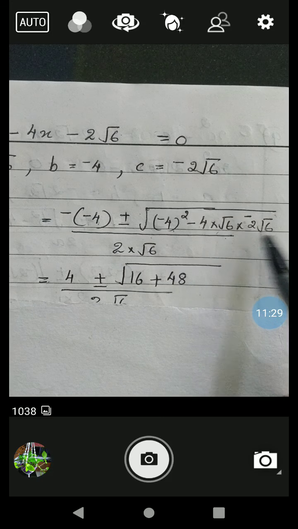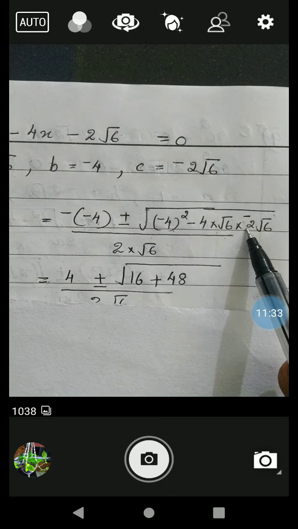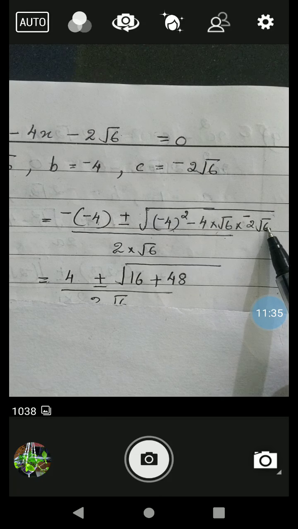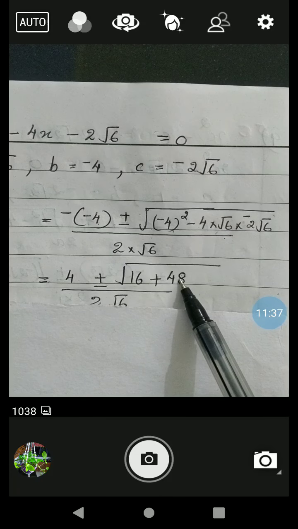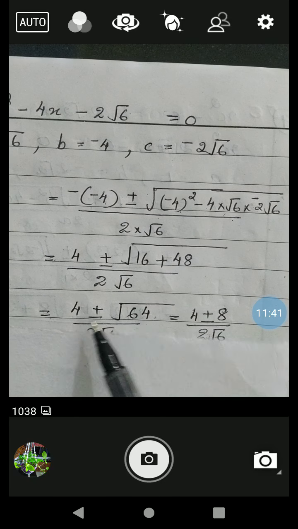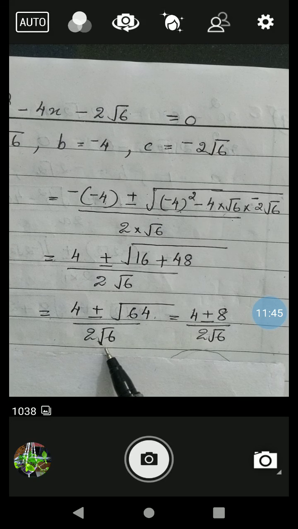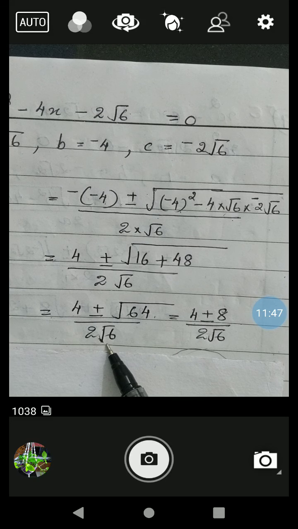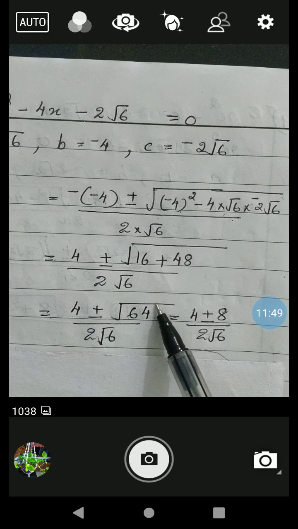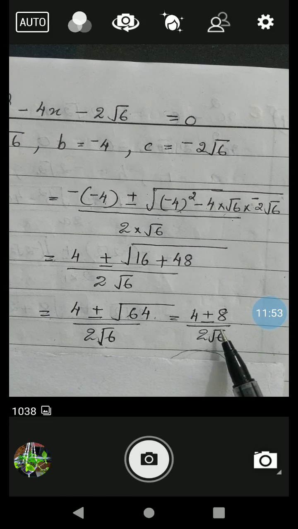Root 6 into root 6, 6. 8 into 6, 48. Therefore, the result is 4 plus or minus root 64 divided by 2 root 6. Root 64 is 8, that we know. 4 plus or minus 8 by 2 root 6.